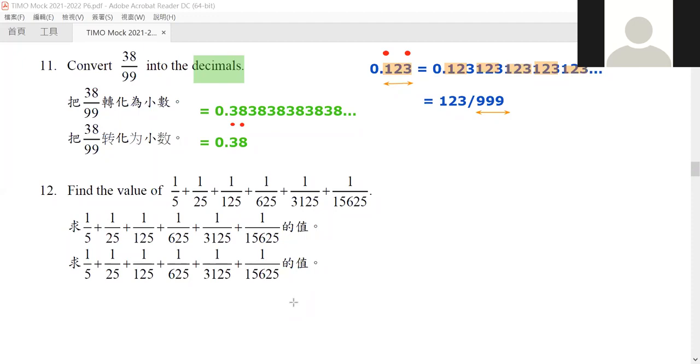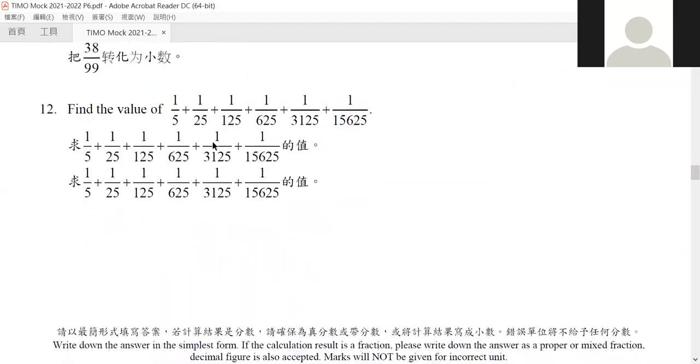Okay, now let's go to the final part of our arithmetic. Find the value of it. Now I would like you to compare this to the arithmetic series in the previous exercises.